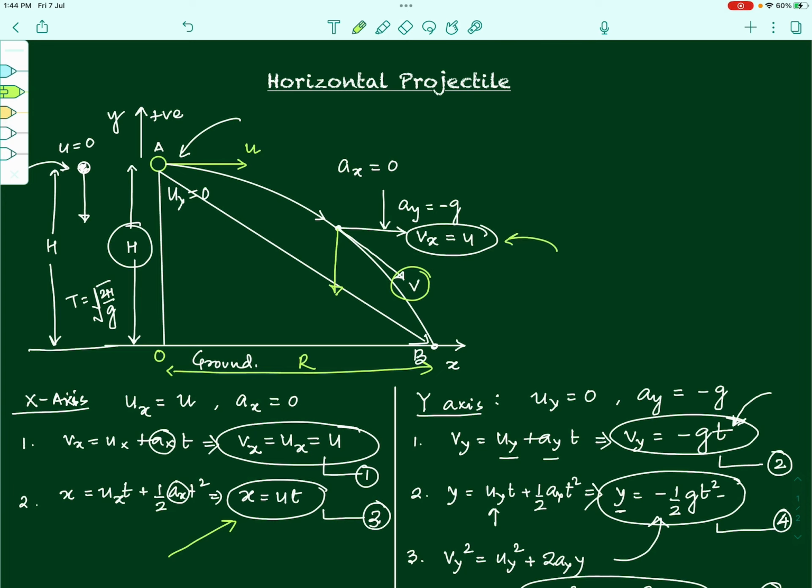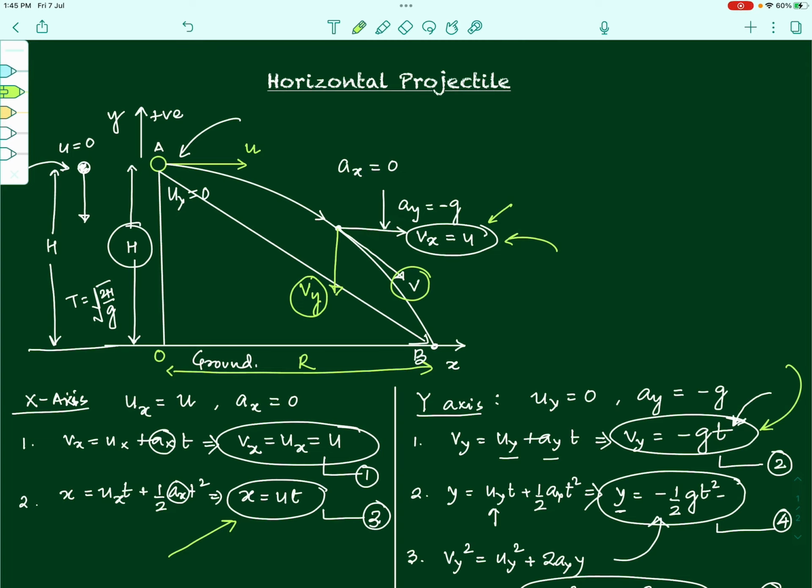One is the x directional component and one will be the y directional component. We now know that the x directional component of velocity does not change with time, it always remains u, whereas the y directional component of velocity we can calculate from equation number 2 that we have written here. And once we know both the components, we can combine them together using the vector laws to get the final velocity also, right?